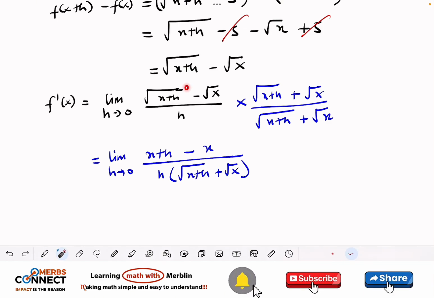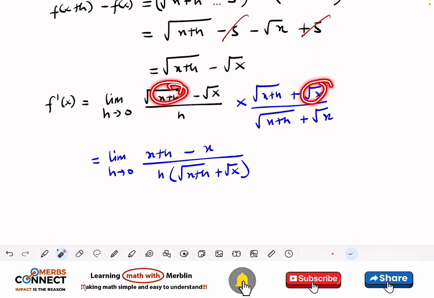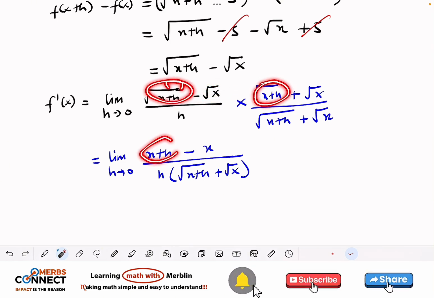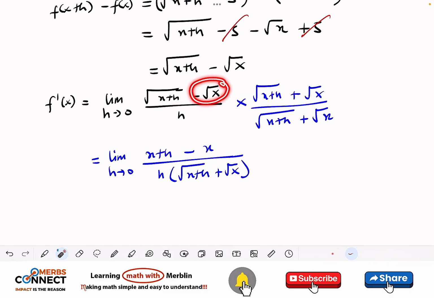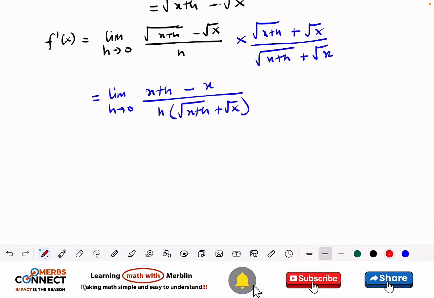Now, why did I do this? Because when I multiply this one by this, I have this. When I multiply this one by this, I'll have the positive, and when I multiply this one by this, I'll have the negative, so it will just cancel out. So I just need to multiply this by this, and also minus of this by minus of that, and have this. Now, one magic will happen here, and it is going to be left with the limit as h is approaching 0 of h divided by h times square root of x plus h plus square root of x.